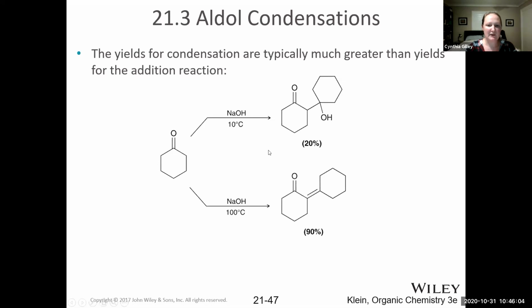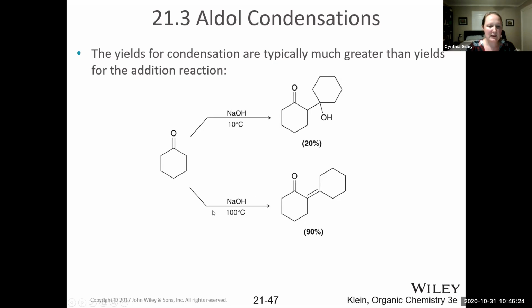Remember, we talked about the fact that the yields are low for the aldol addition reaction starting from ketones, because it's an equilibrium process and the retro aldol is favored with ketones due to the product being not very stable due to steric hindrance.